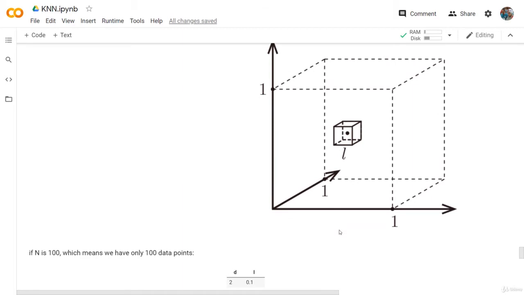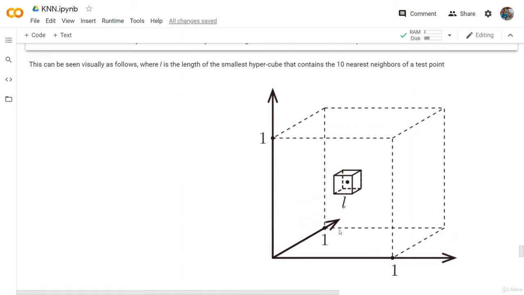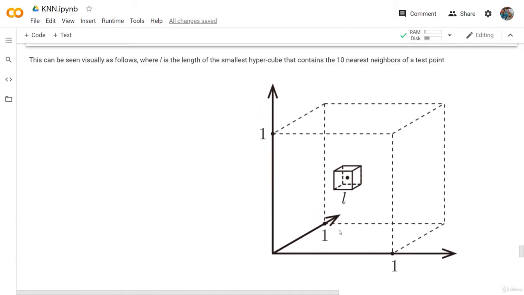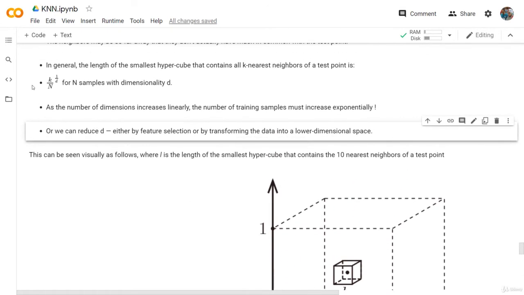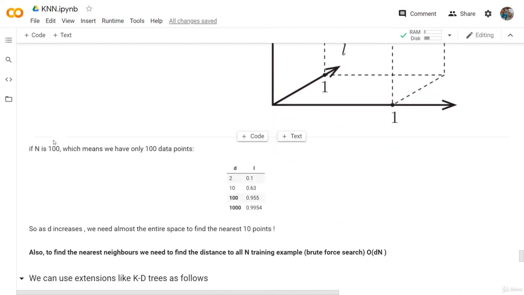Now, I don't want you to understand all of this; what I want you to understand is that if n is 100, it's a very, very small data set in terms of the number of examples.